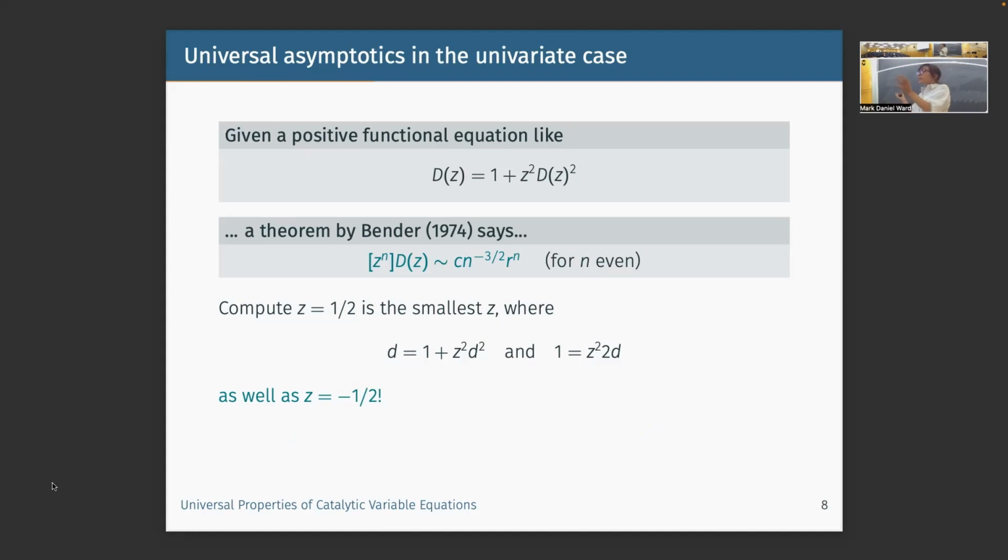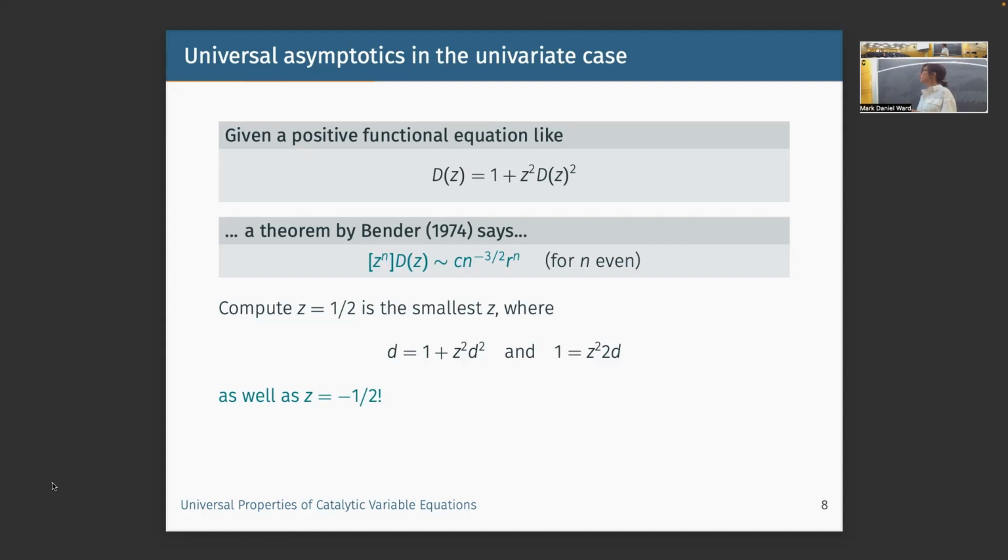And you can easily compute these numbers then, of course, if you need heuristics on the asymptotics of your coefficients, where you would just take this functional equation, you take the partial derivative with respect to d, because if d of z becomes singular, then of course the partial derivative has to become singular, otherwise the implicit function theorem would give us a local analytic extension of the series.